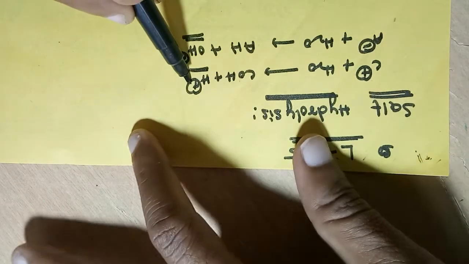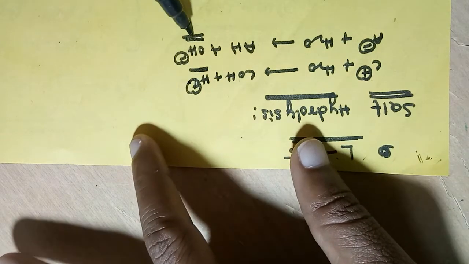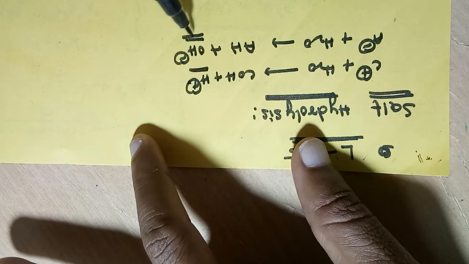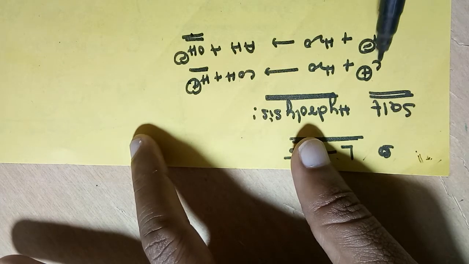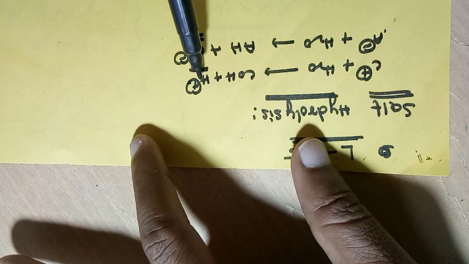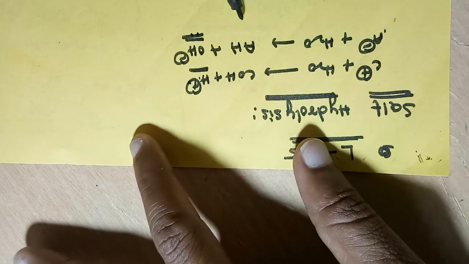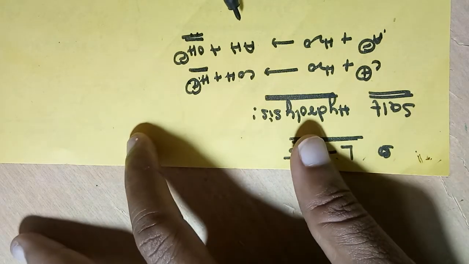Whenever H plus ions are formed, the solution is acidic in nature. Whenever OH minus ions are present, the solution is basic. So the reaction of a cation or anion with water to form acidic or basic solutions is called salt hydrolysis. Sometimes neutral solutions are also formed.